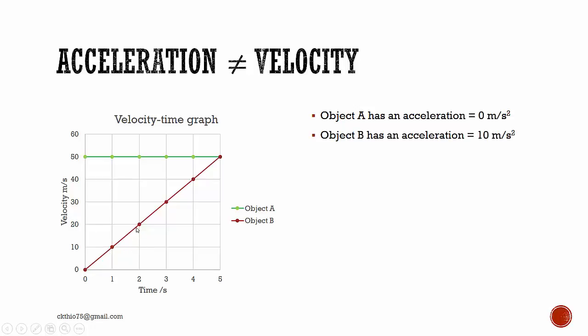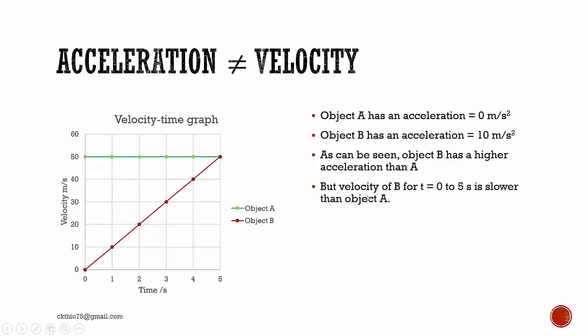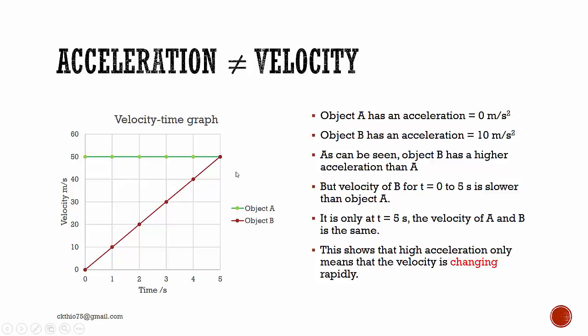We can see that object B has a higher acceleration than A throughout, but the velocity of B from 0 to about 5 seconds is slower, because at 1 second A is at 50 meters per second, but B is actually 10, and so on. So the velocity of B is slower than A. Only at time equals 5 seconds is the velocity the same.